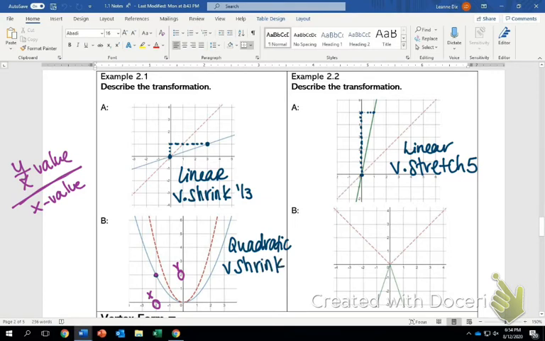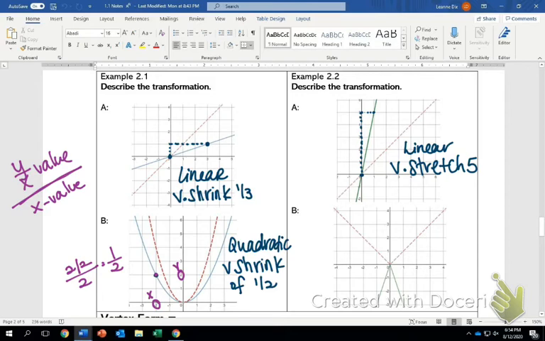And then I'm going to find my value. All right, so it should be 2, that's my y value, over 2, which is my x value, over just my x value, which is 2. And if I were to solve out the numerator, 2 divided by 2 equals 1, over 2. So I could say that this quadratic function has a vertical shrink of 1/2.